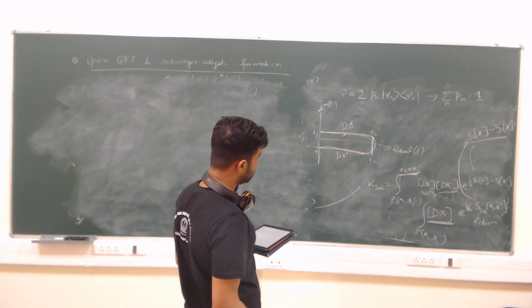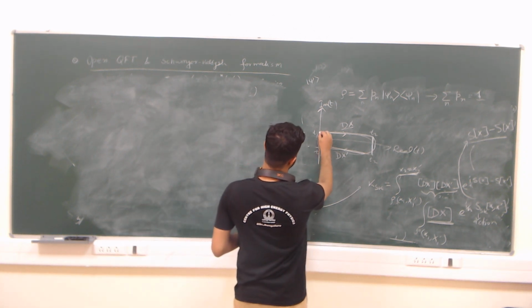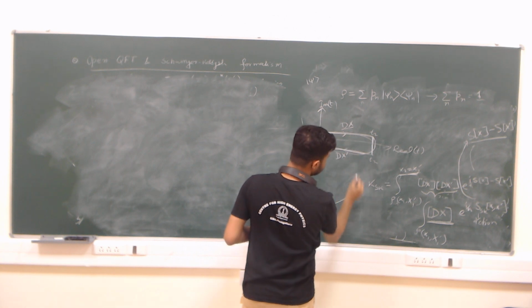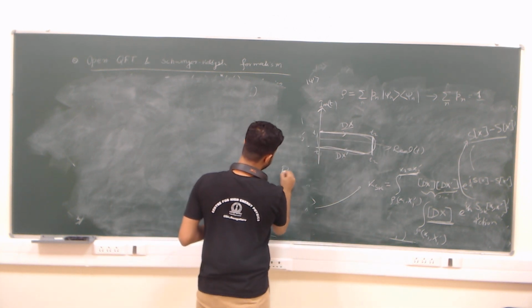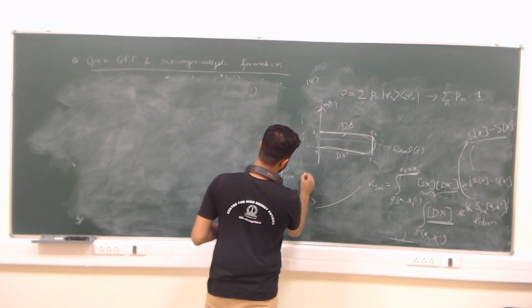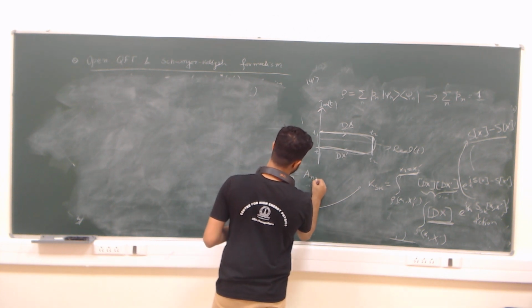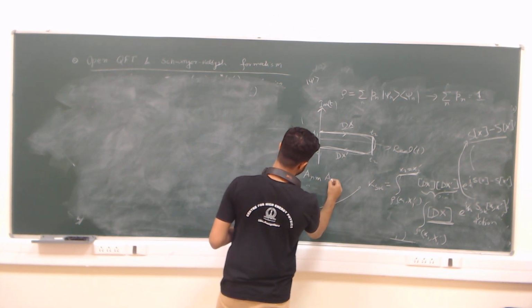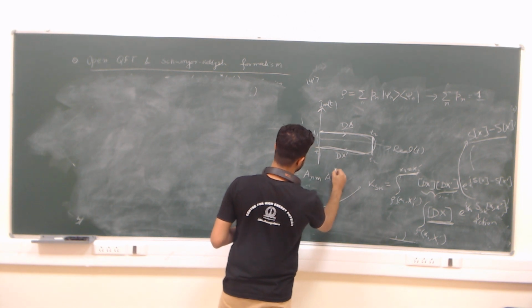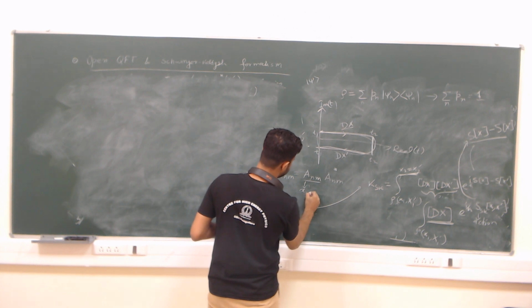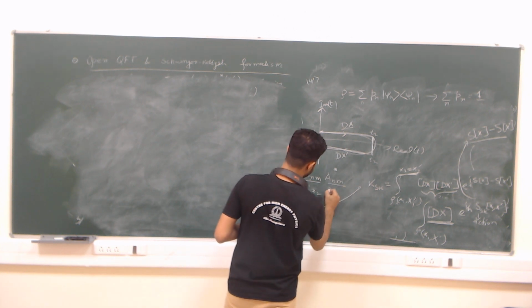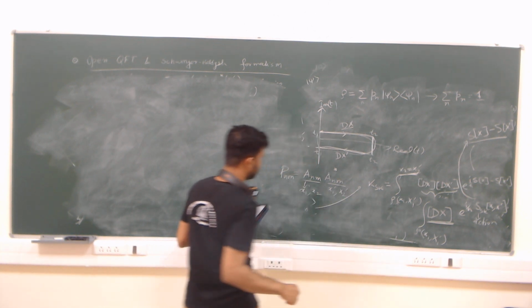Basically, when I was doing this PNM calculation, I had ANM, then some ANM star, due to which here my variables were x1, x2, and here my variables were x1 prime, x2 prime.